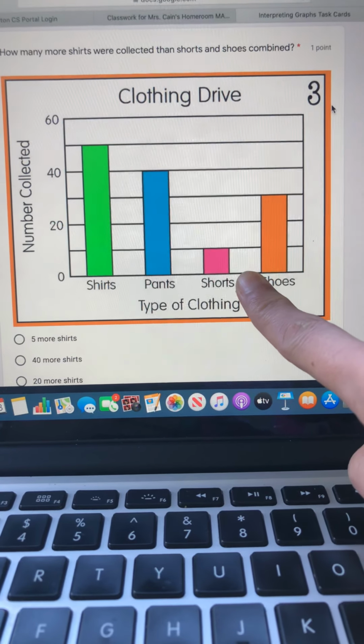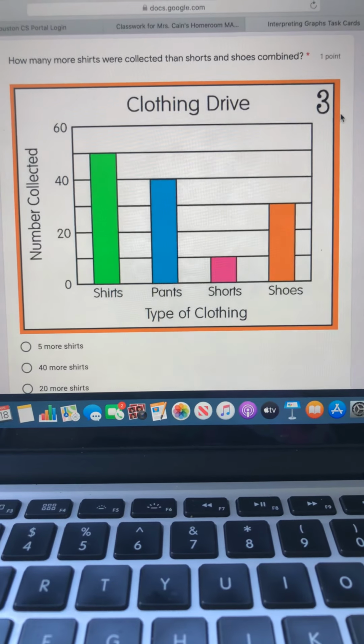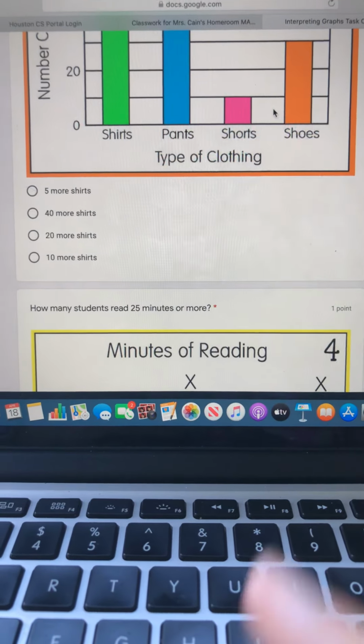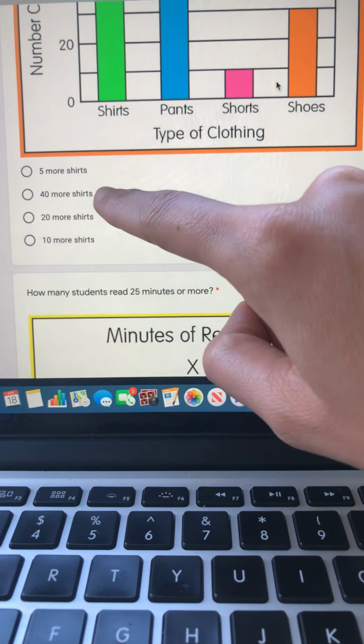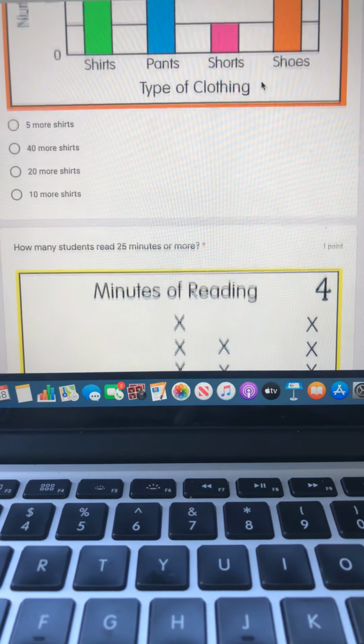And then you have to see how many more shirts were collected than the shorts and shoes together. Would it be 5 more shirts, 40 more shirts, 20 more shirts, or 10 more shirts?